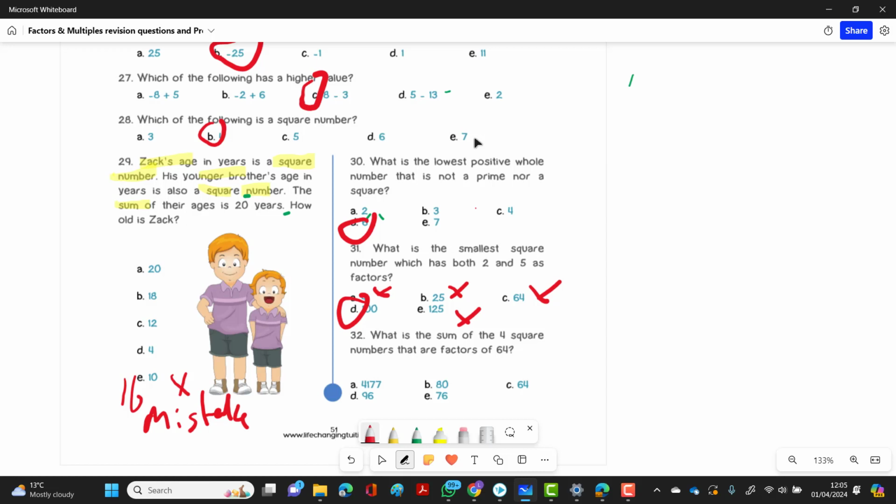And last question. Okay, the sum of the 4 square numbers that are factors of 64.